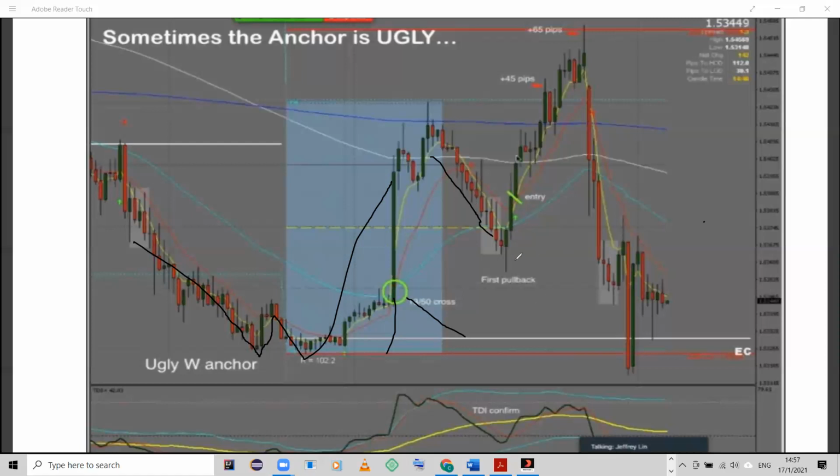First pullback. That's the third one. So guys, just as I was saying, you get up, ping, break. This was a trap to the sellers. Sellers would be loading sells here like mad, selling positions all the way here. People will be putting their TPs around this area.